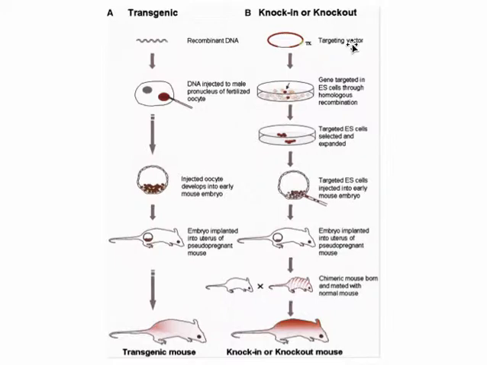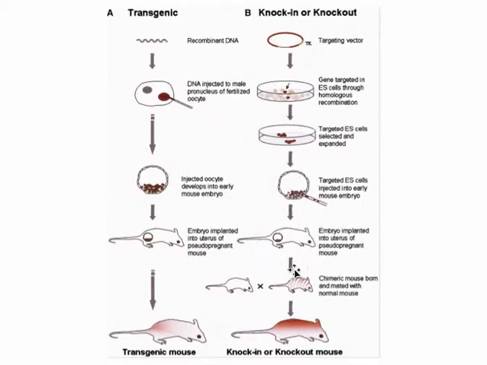And then we use a very similar methodology to put that knocked out gene into the germline of a mouse, and then we implant the resulting embryo into a pseudopregnant mouse.